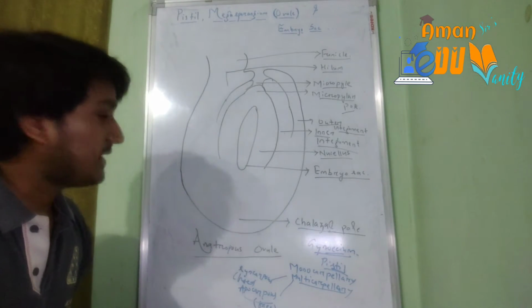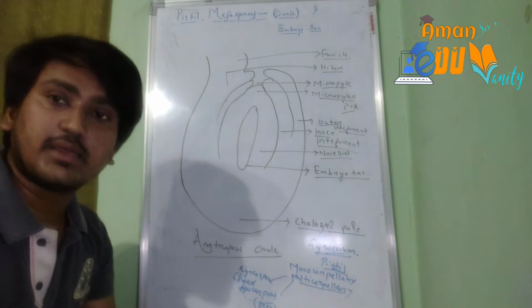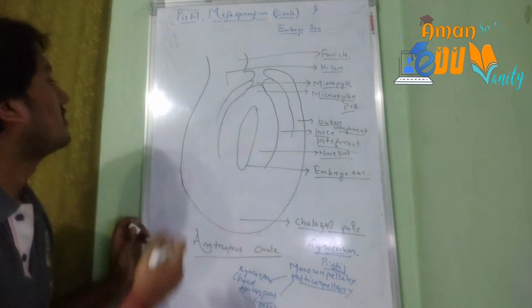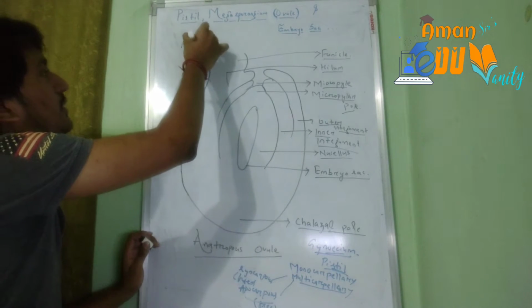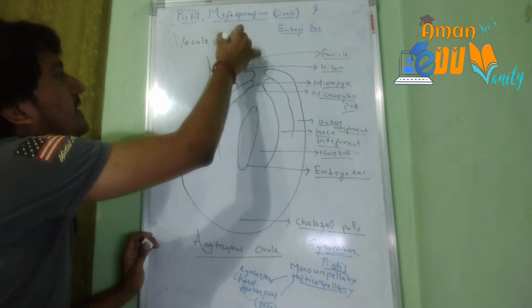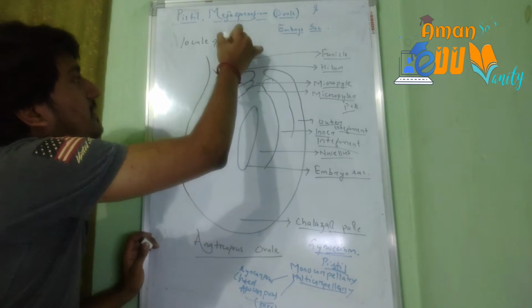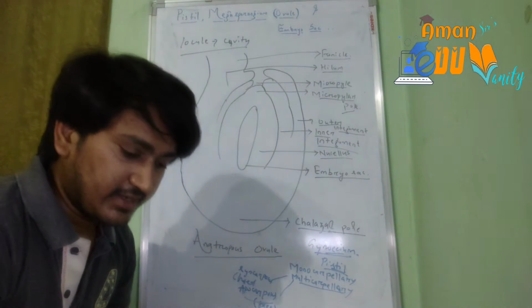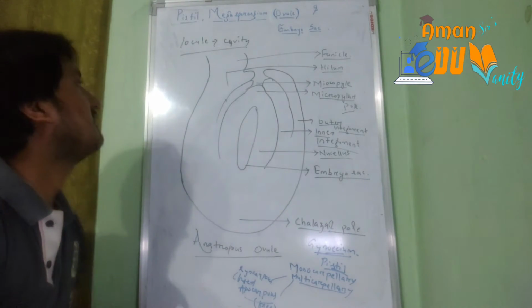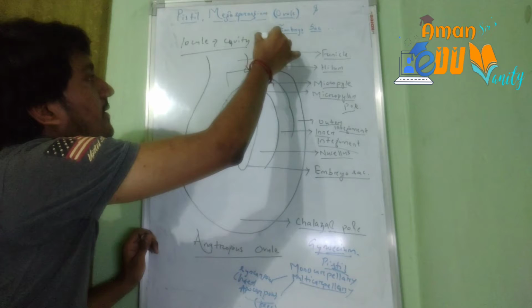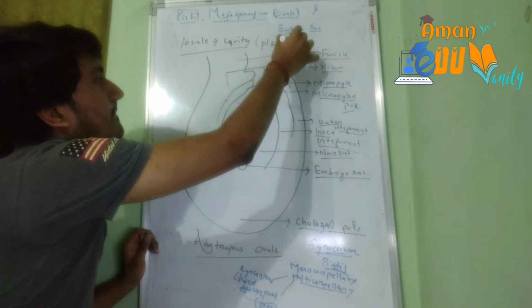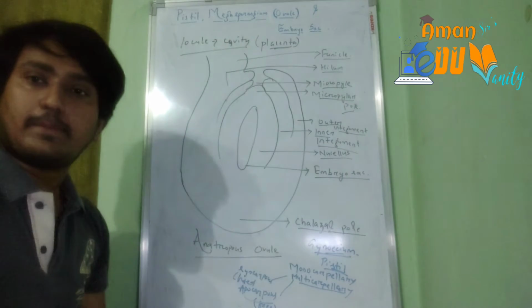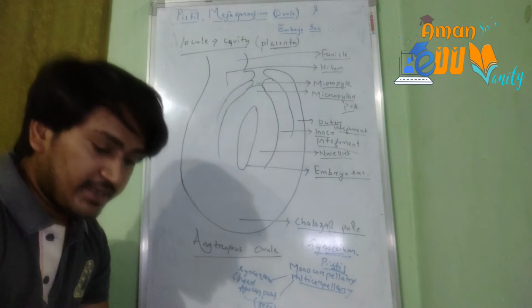Inside the ovary there is the ovarian cavity, also called the locule of the ovary, within which the placenta is located.